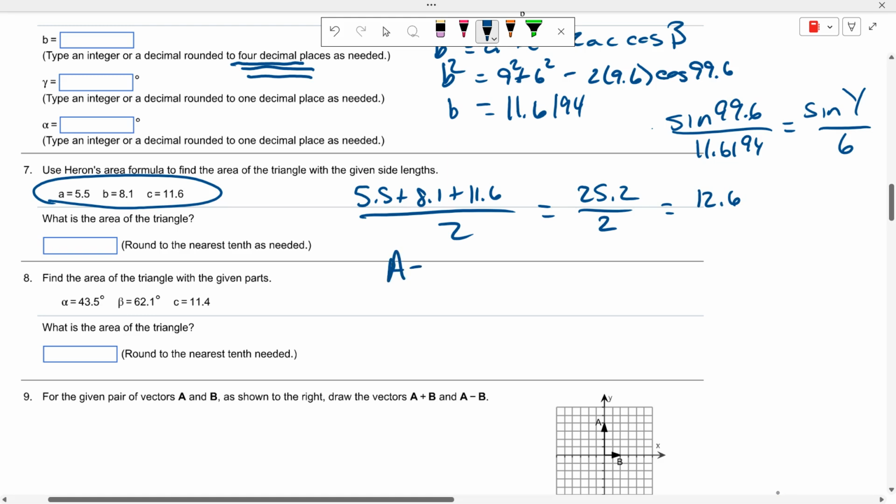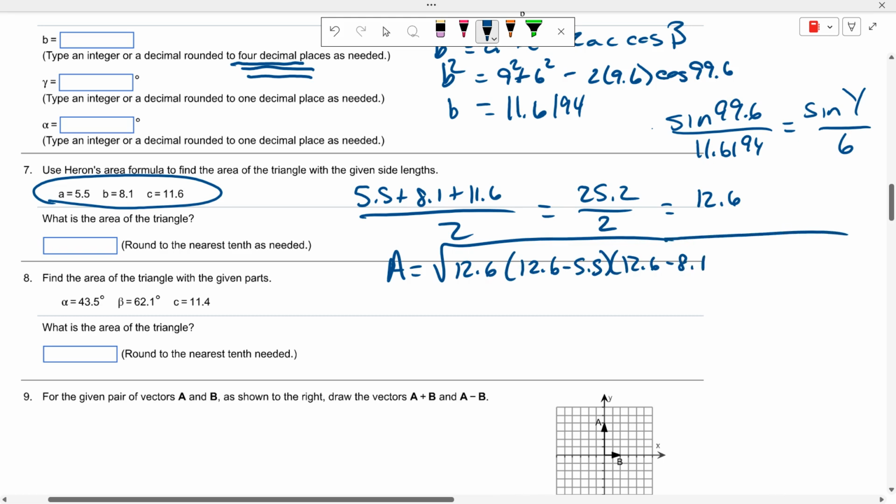So then the area equals the square root of 12.6 times (12.6 minus 5.5) times (12.6 minus 8.1) times (12.6 minus 11.6). You multiply all those together, take the square root of that, and you get the answer.